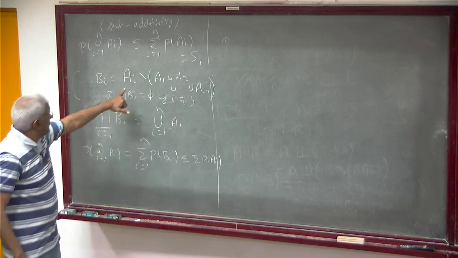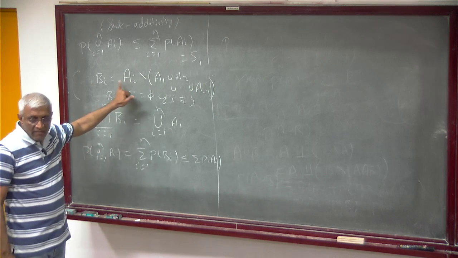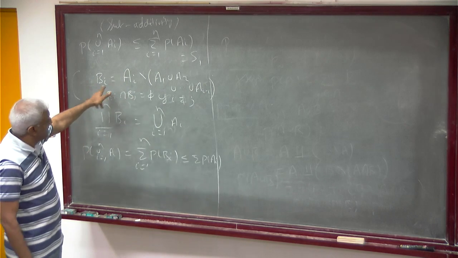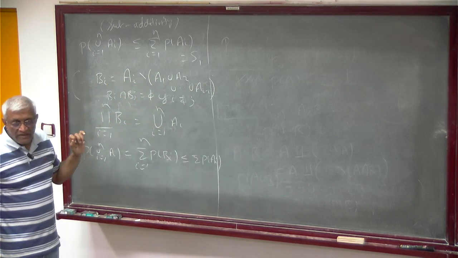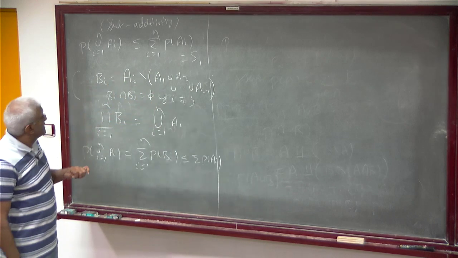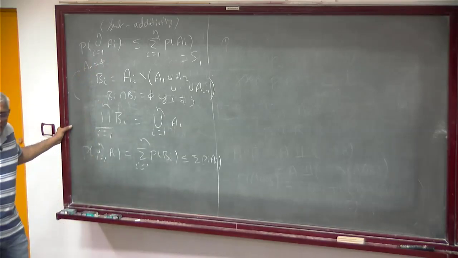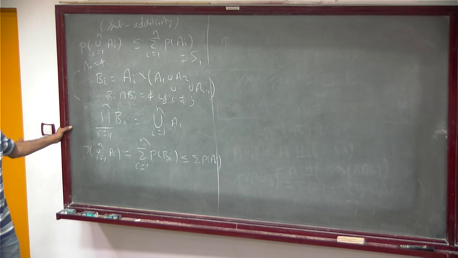I minus 1, up to the previous one. For the first one, we don't do anything, when i not equal to 1, for i greater than 1. A0 is empty if you want. What is the problem? You remove the previous ones, I'm saying, so that they will be disjoint and you can write this.